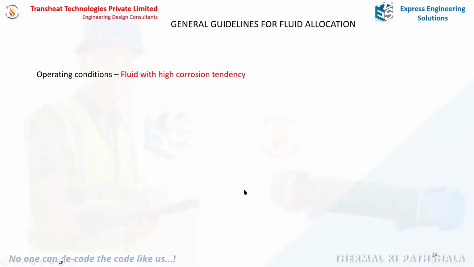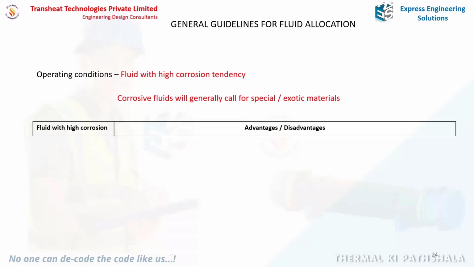Now, fluids with high corrosion tendency. What does high corrosion tendency lead to? It leads us to use special material for handling that fluid. Now, when you place such a fluid on the shell side, because the shell side fluid touches all parts of the heat exchanger, the shell, the outside surface of the tubes, the baffles, as well as the tube sheets, all of these are exposed to the shell side fluid.